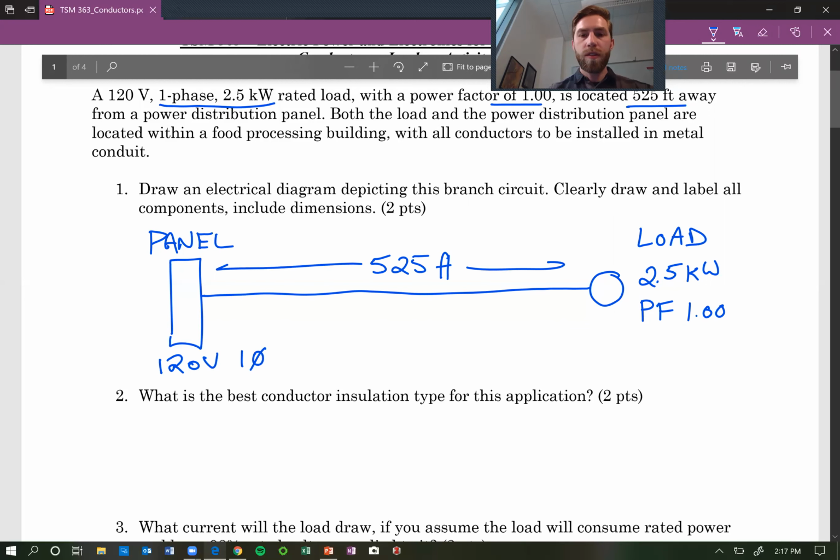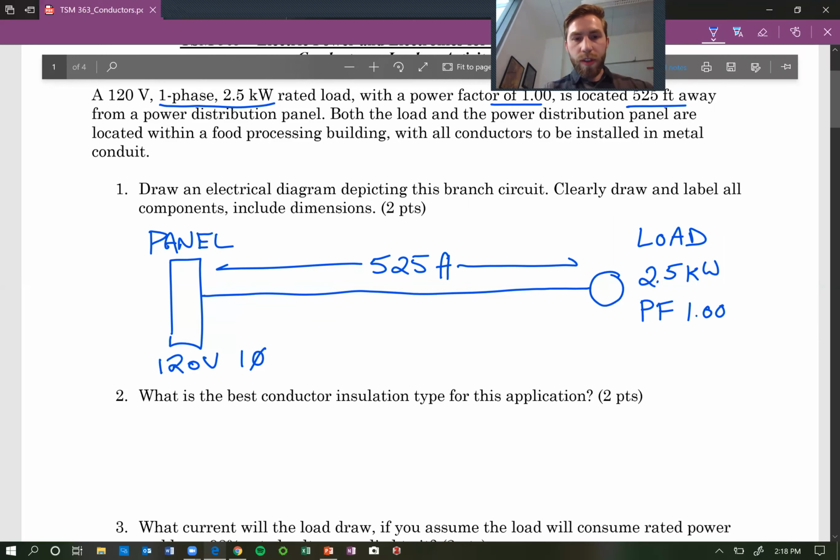So some rough dimensions, the estimated distance and the details on the load: 2.5 kilowatt, power factor is 1, single phase 120. So that is my overarching circuit.